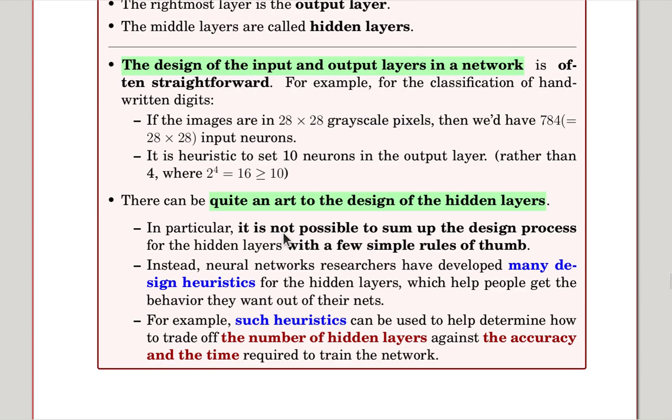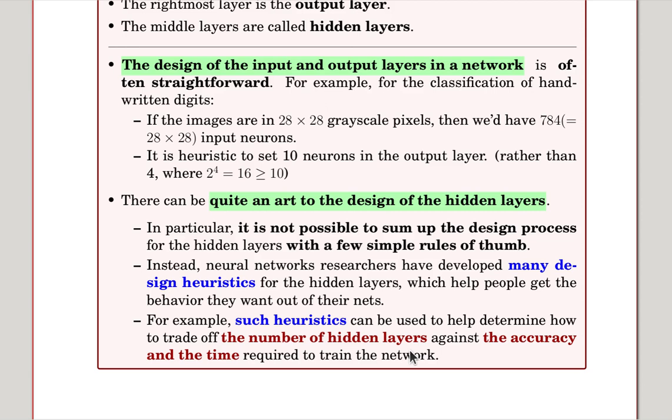There can be quite an art to the design of hidden layers. It's not easy to say by using a few simple rules of thumb. Researchers have developed many design heuristics, and with them one can determine how to trade off the number of hidden layers against the accuracy and the time required to train the network.